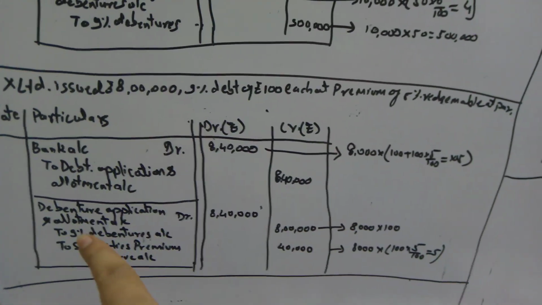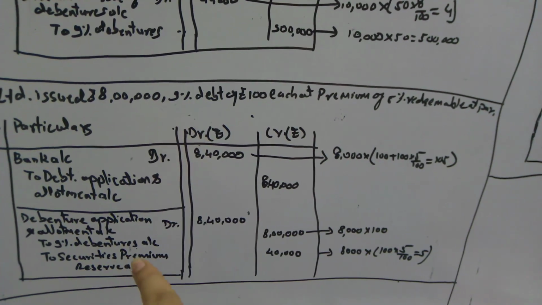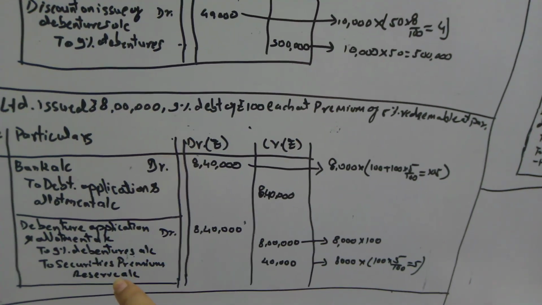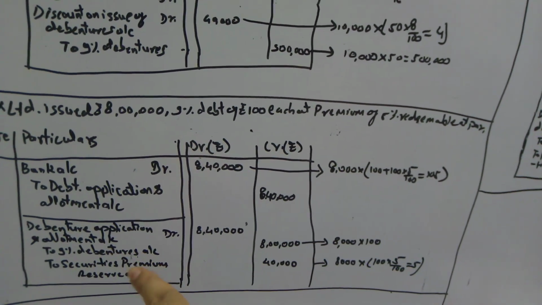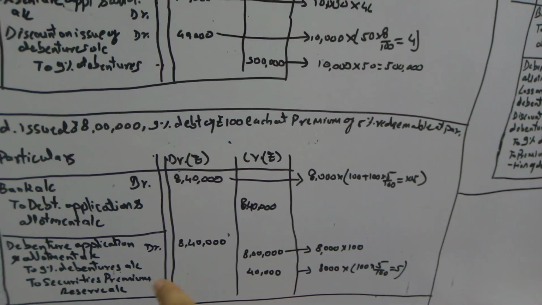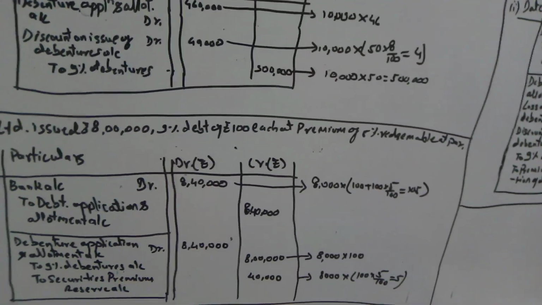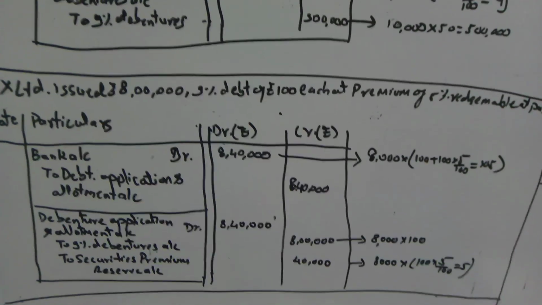Then second entry, debenture application and allotment account debited to 9% debentures account and securities premium reserve account. This is the transfer entry. Whenever you have to transfer the amount into debentures account, always remember you have to use the nominal value.